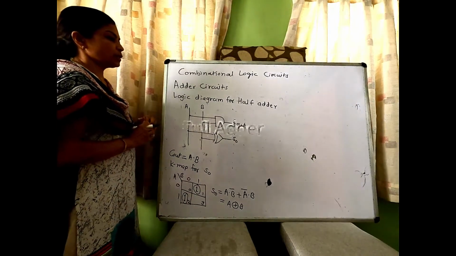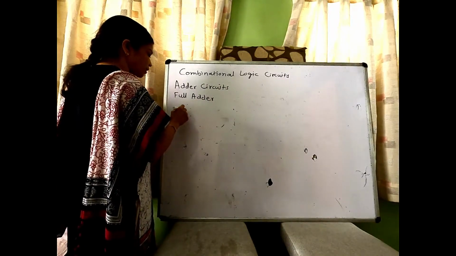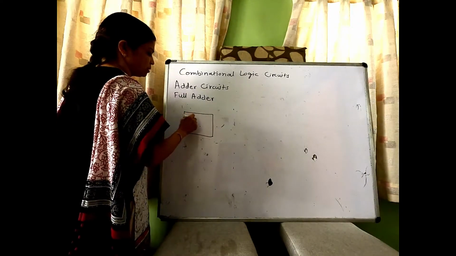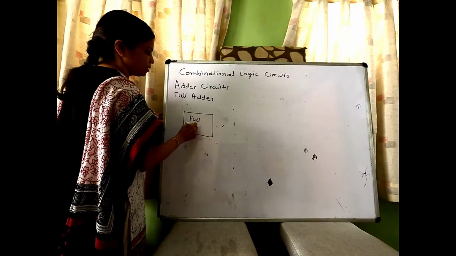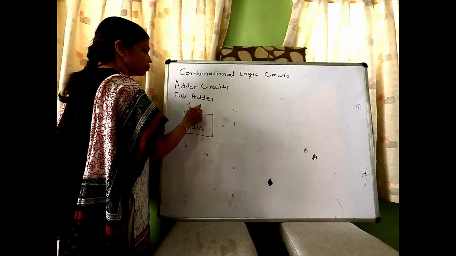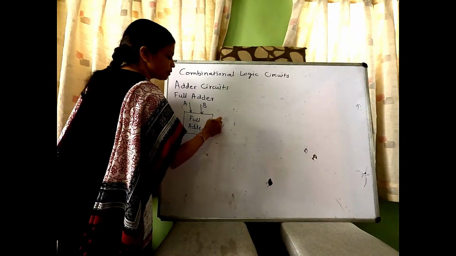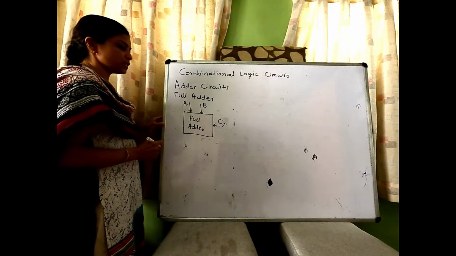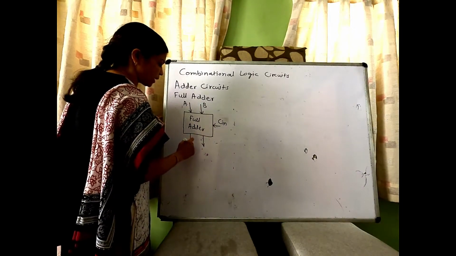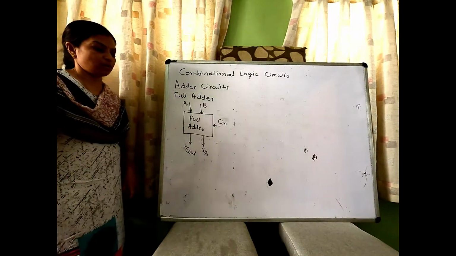Same way we will go for the full adder. First step is assign variables to inputs as well as outputs. Here we have two inputs A, B, and the third input is the carry input, that is C. Then we have the outputs as sum output S0 and the carry output as Cout.